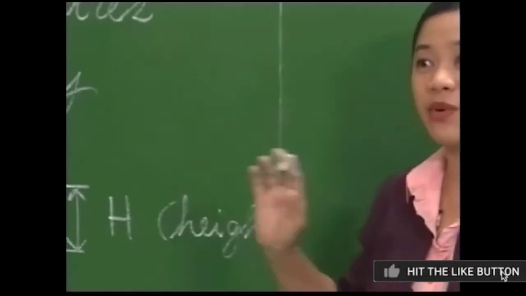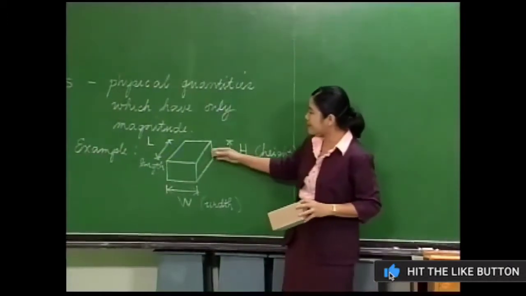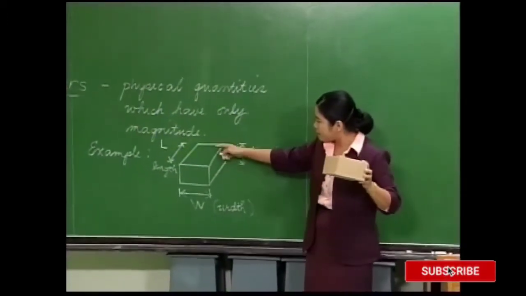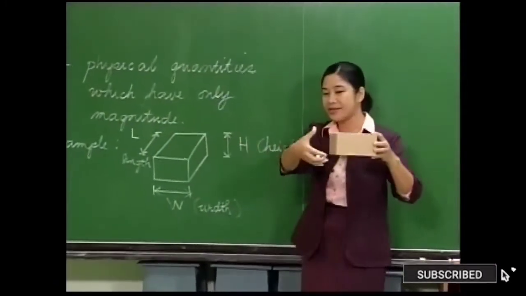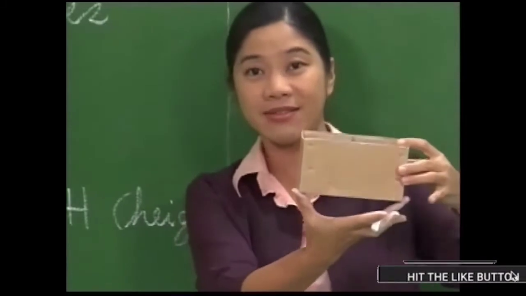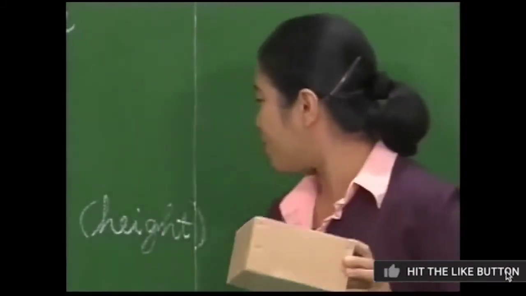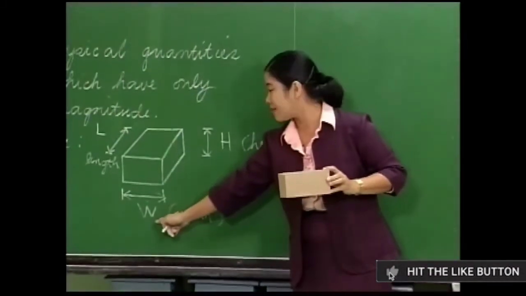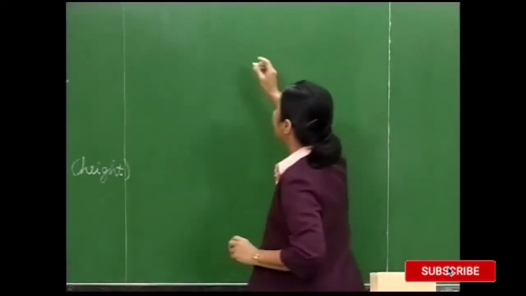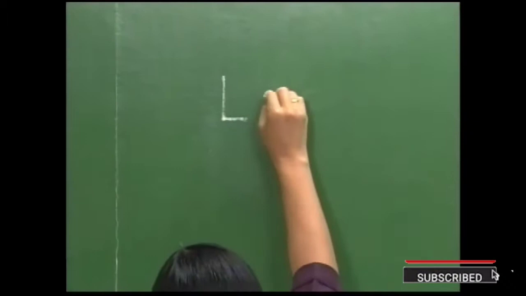So scalars are physical quantities which have only magnitude, and we are looking at this example of the box, where I drew the box to show the height, the length, and the width, which we denote by the symbol W. Now, when you look at the length, you did this in your Science 1, you can make a measurement.